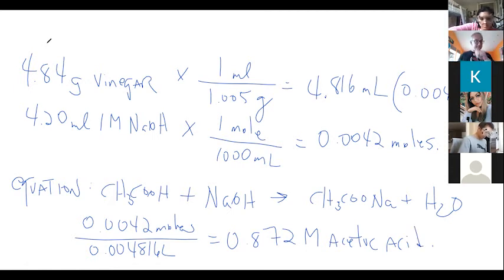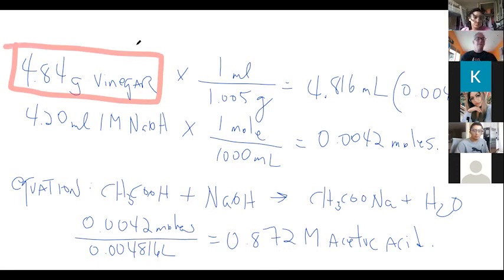All right, so I was just going to go through how to do these calculations. And I'm taking some of the data that Roger came up with. One of his titrations started out with 4.48 grams of vinegar. So we convert that to milliliters by using the density.